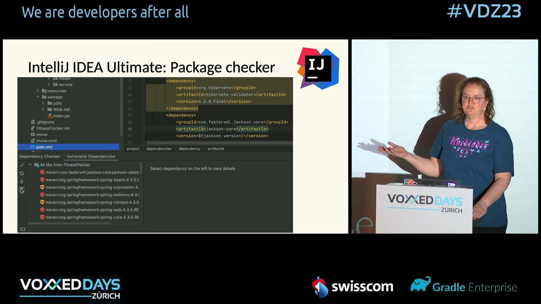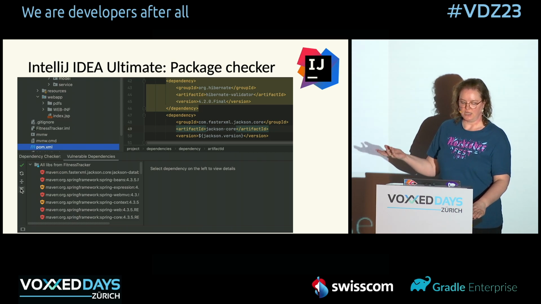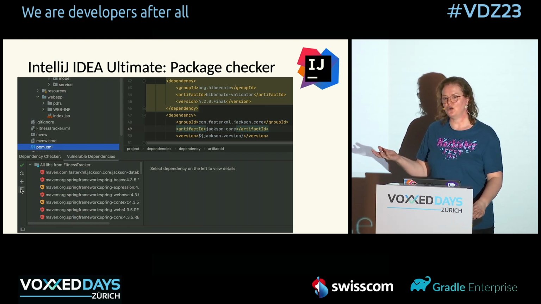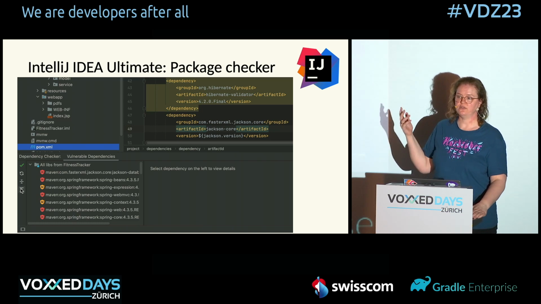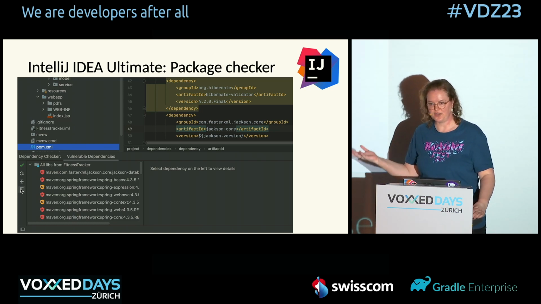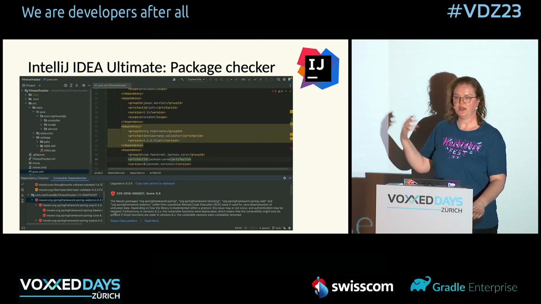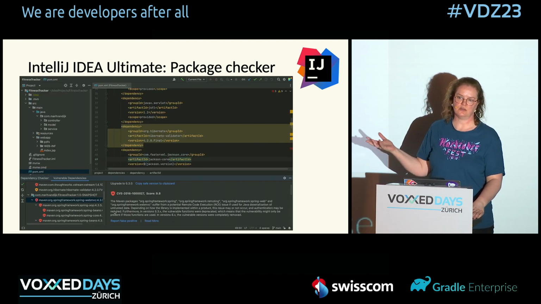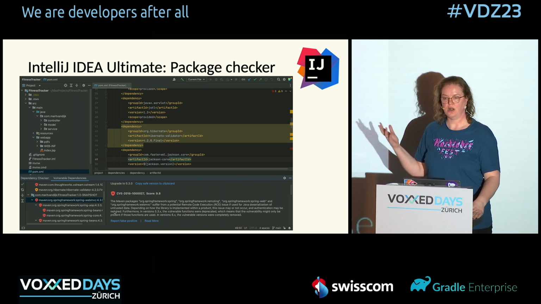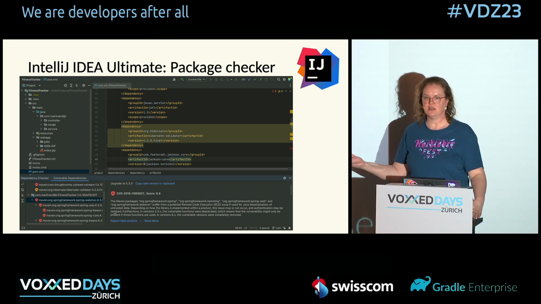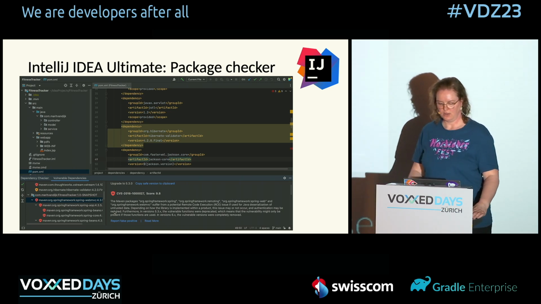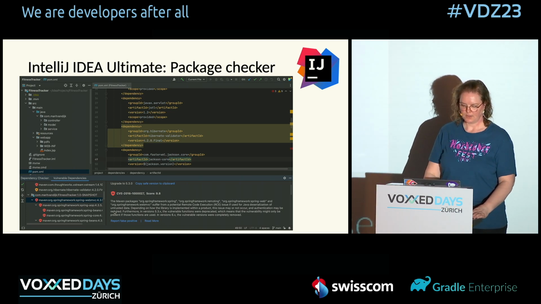But also you can see this information again right inside your IDE in the vulnerable dependencies window. It will tell you what the severity is of those vulnerabilities, and when you select one, it will give you the information about those CVEs right inside your IDE. So again, you can stay inside your IDE working on your project. You don't have to go to the internet and get distracted by stuff.